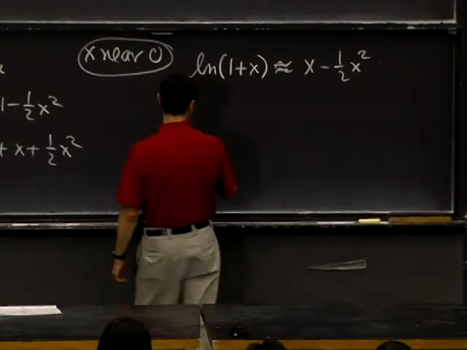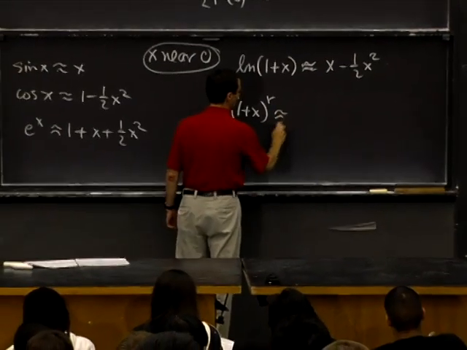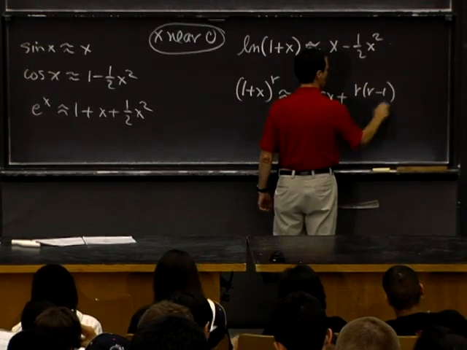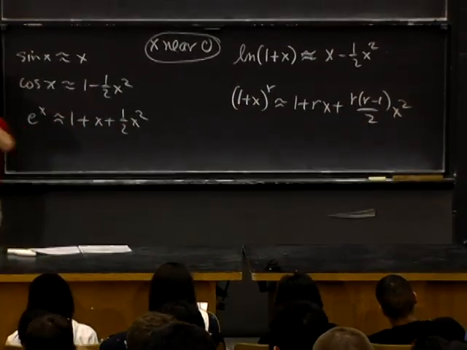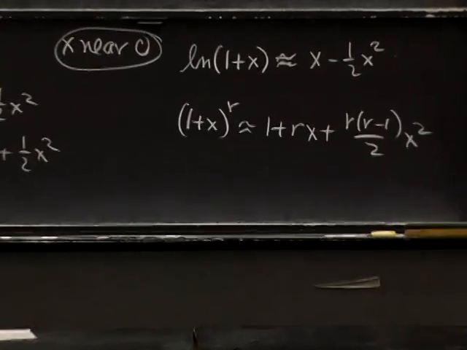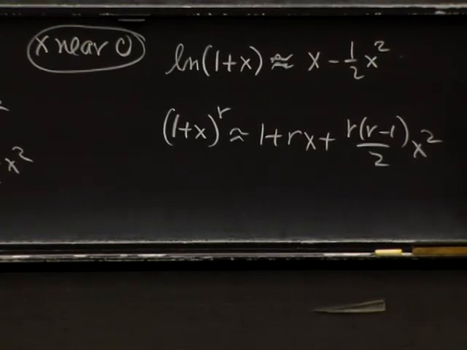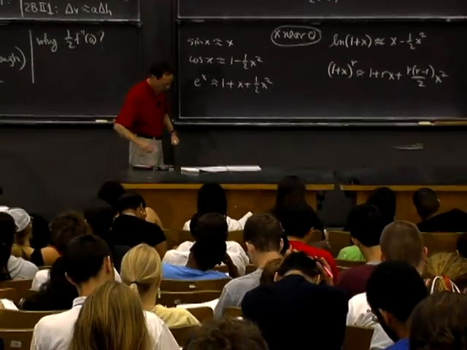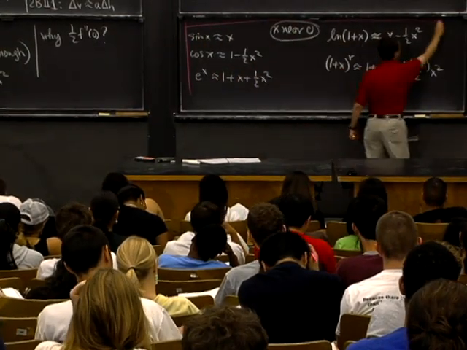And the last one is 1 plus x to the power r, which turns out to be 1 plus rx plus r times r minus 1 divided by 2 x squared. Now, eventually, your mind will converge on all of these, and you'll find them relatively easy to memorize. But it'll take some getting used to, and I'm not claiming that you should recognize them and understand them all now, but I'm going to put a giant box around this.